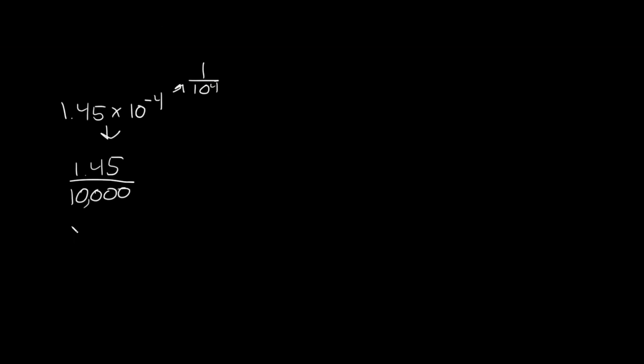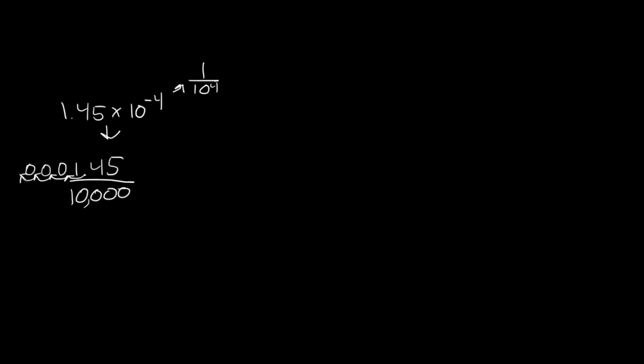And remember, when multiplying by negative exponents or dividing by positive exponents of powers of 10, we will just move the decimal place to the left now, instead of the right. So we can do 1 here, 2, we can add a 0 here, in between the decimal shifts, 3, and then 4.